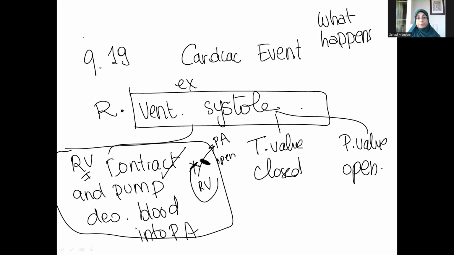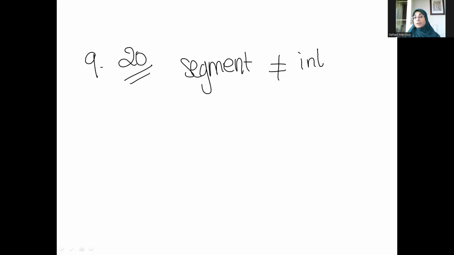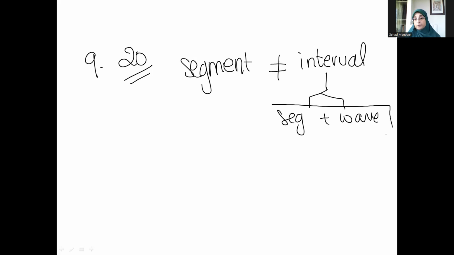Last thing to say before I leave you is that you have to know the difference between a segment and an interval on an ECG. And of course, as you know, the interval is nothing but a segment plus a wave. You have to know what each segment indicates.